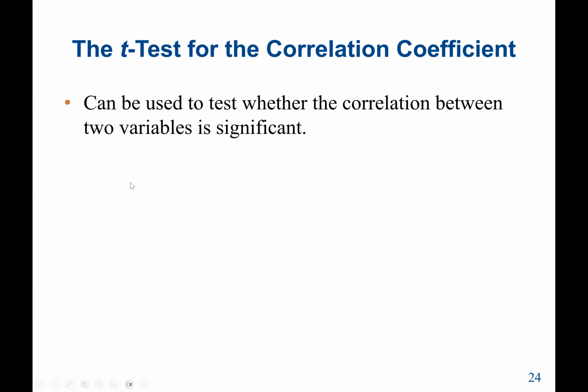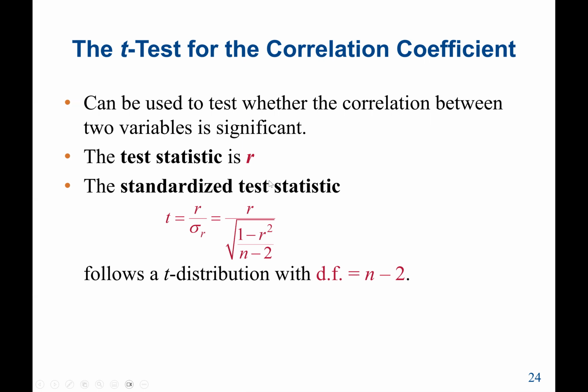Now, a t-test for correlation coefficients also can be used. So here we say it can be used to test whether correlation between two variables is significant. We can use the t-test to do it also. Now, in terms of test statistics, it will be the R, because again, here we are testing the correlation coefficient.